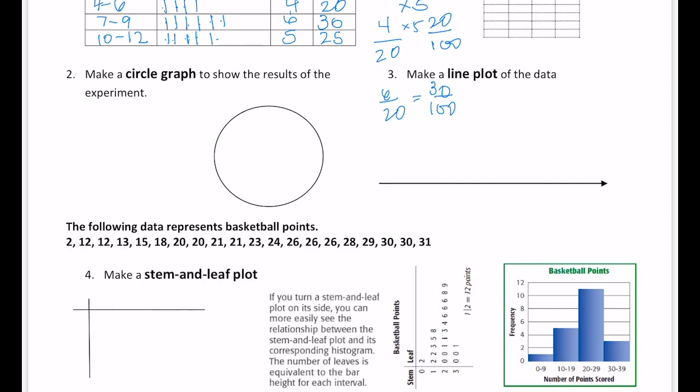So to do our intervals, I'm going to do this. This is going to be 1 to 3, 4 to 6, 7 to 9, 10 to 12. All right. So the first one, we're going to do 5. 1, 2, 3, 4, 5.